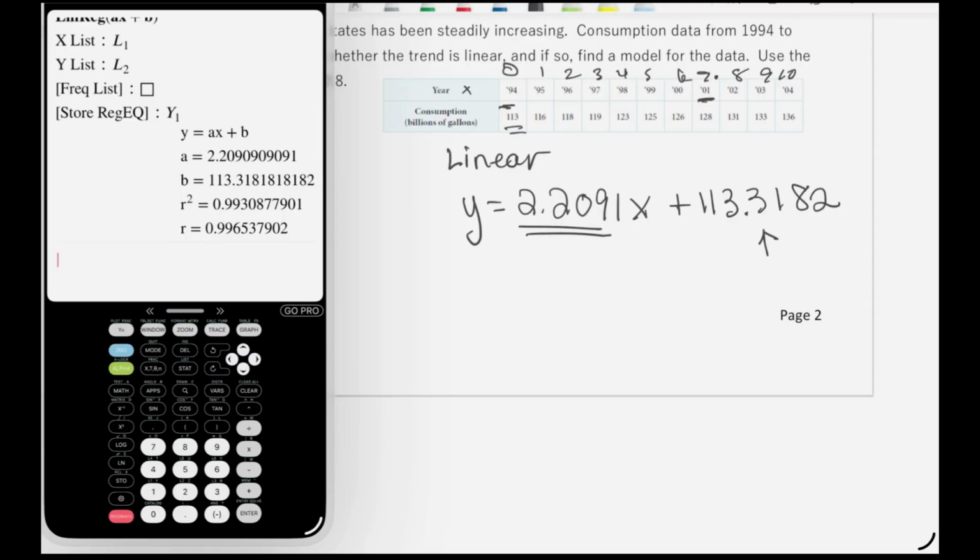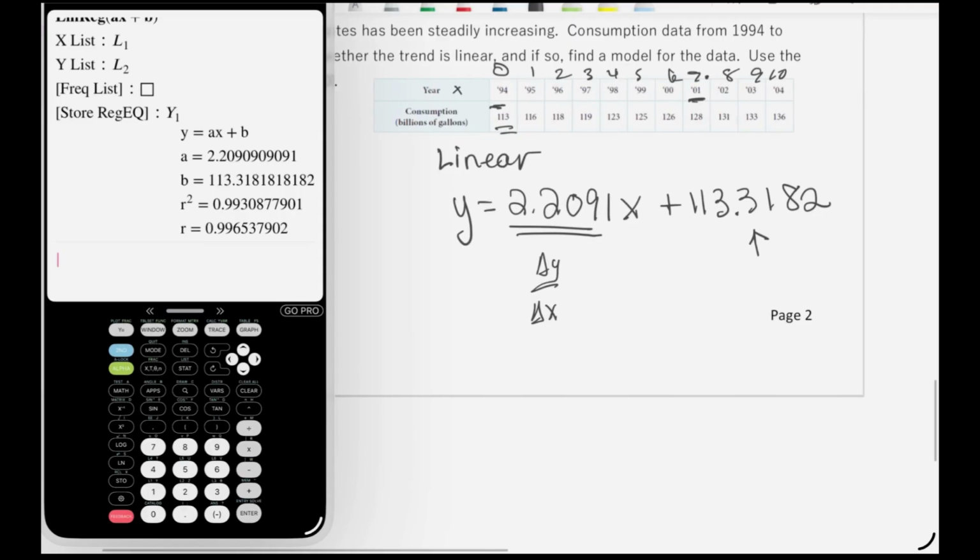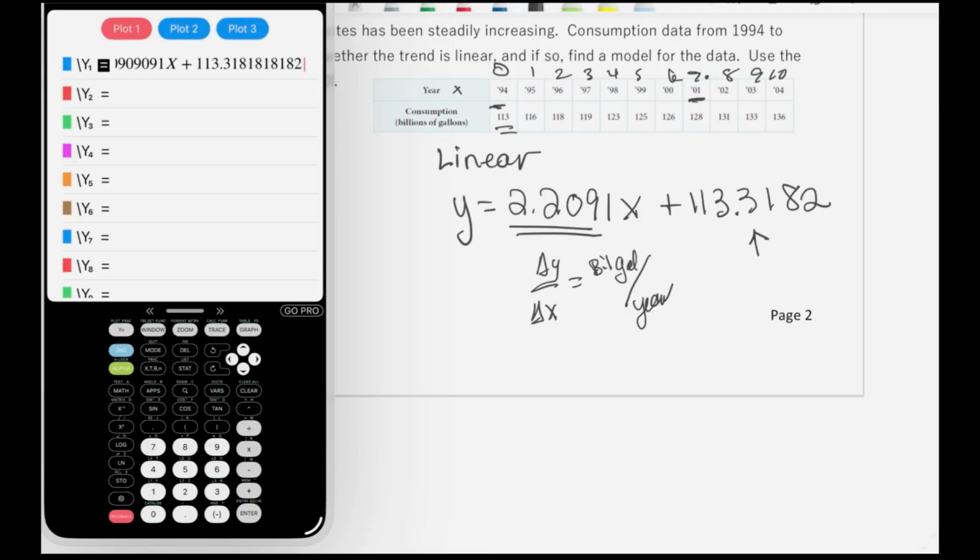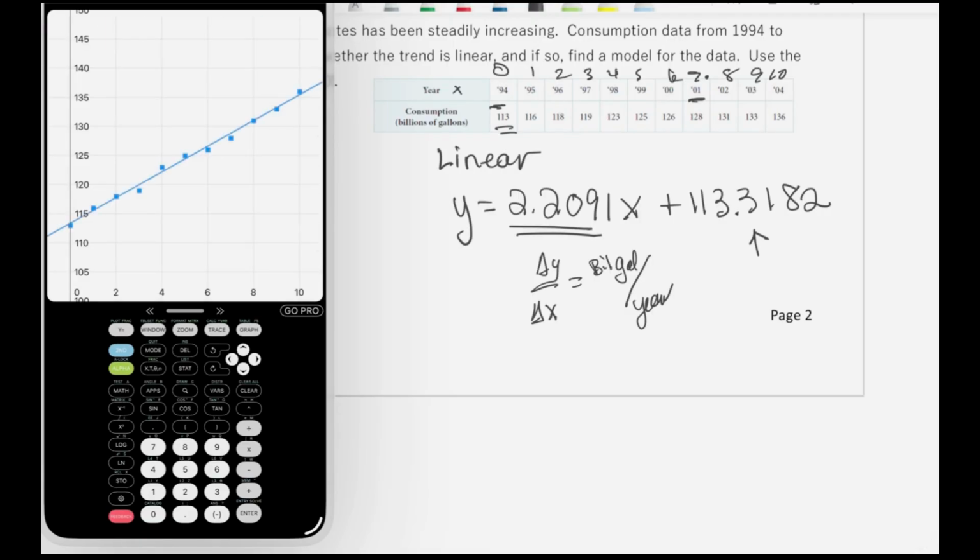Now, this is the change in y over change in x, so this stands for billions of gallons per year. Now, I stored it in y1, so when I hit graph, it'll put my line on there. And there's my line, my regression line.